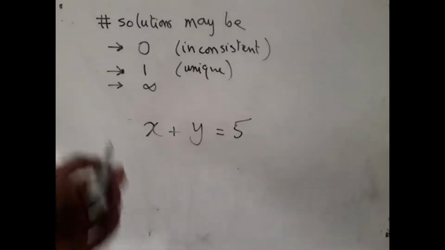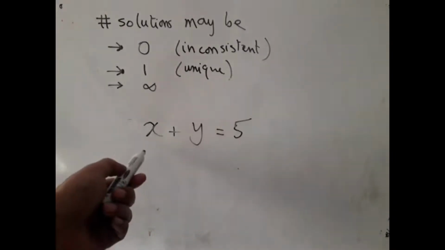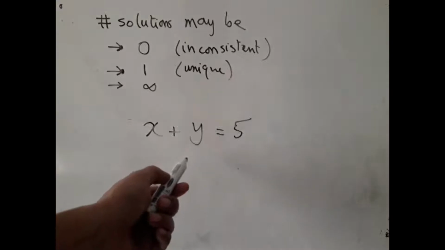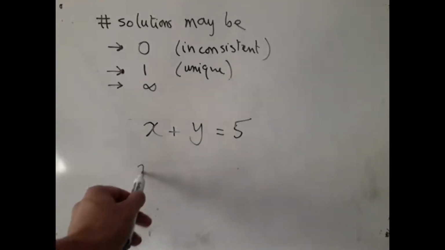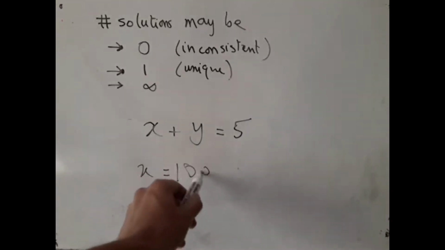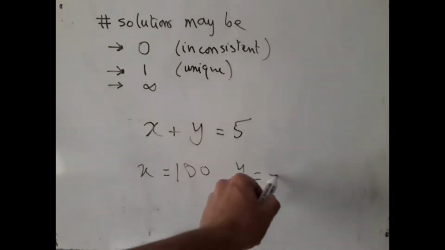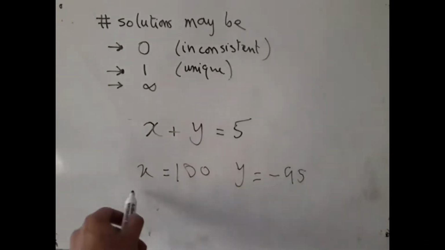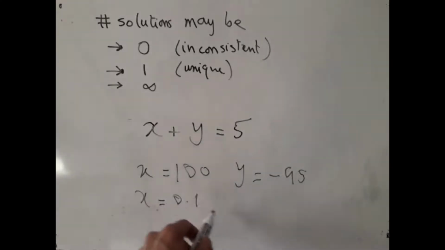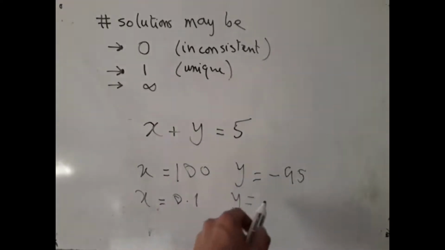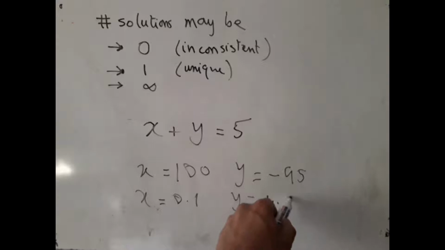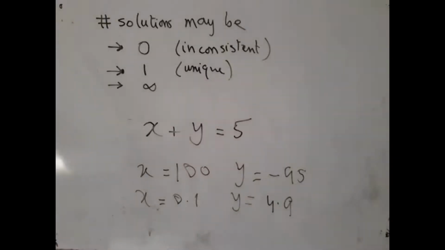You just take any real number x and set y as 5 minus x. For example, I can take x to be 100 and y to be minus 95. I can take x to be 0.1 and y to be 4.9. So there are infinitely many possible solutions to this system.